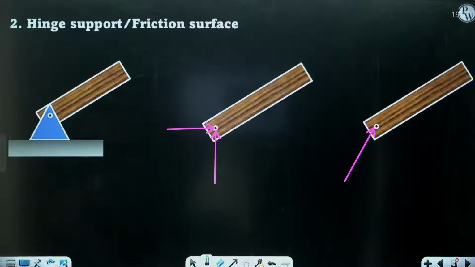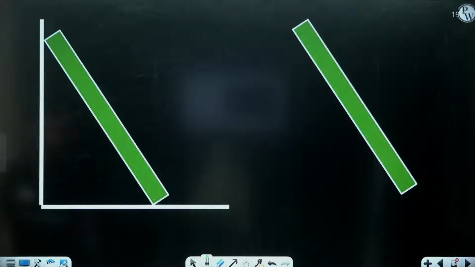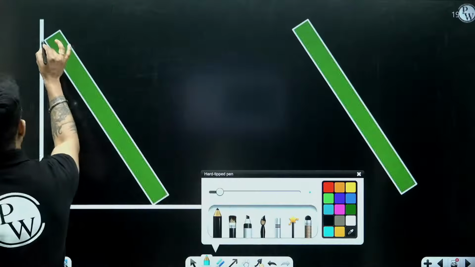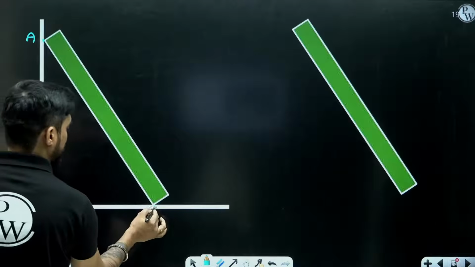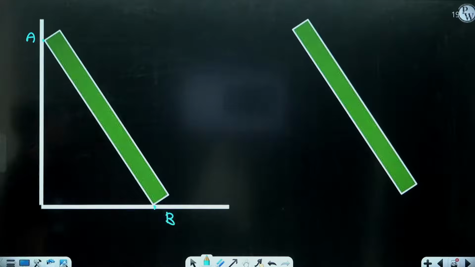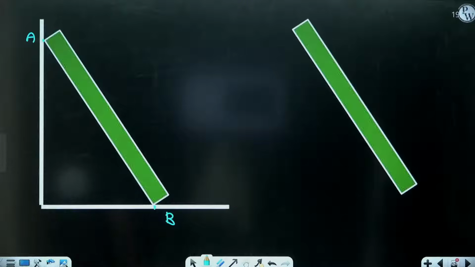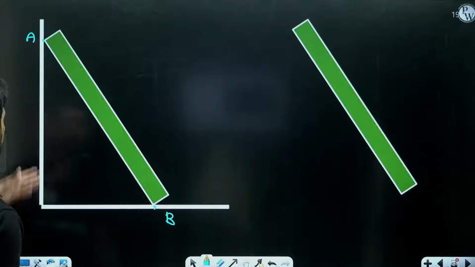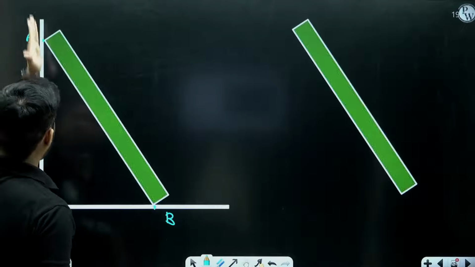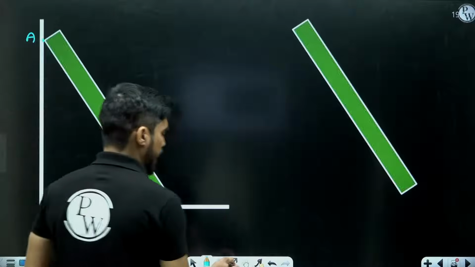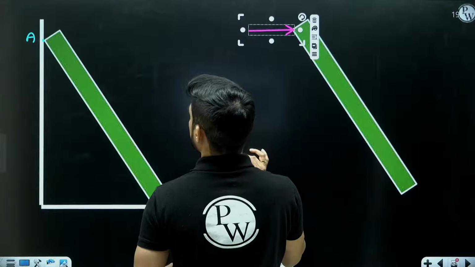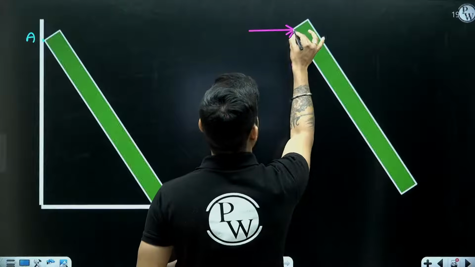Now let's move on to the friction surface. This is also a support of the same category. So let's say this time we have friction forces acting at point A and point B. Now the friction force is a force which acts parallel to the surface. So at point A, we will have a normal reaction and a friction force.